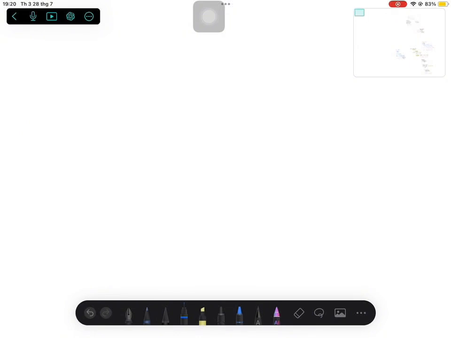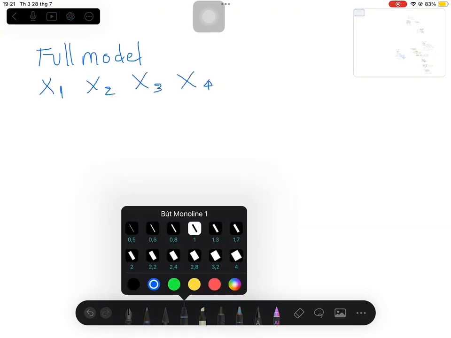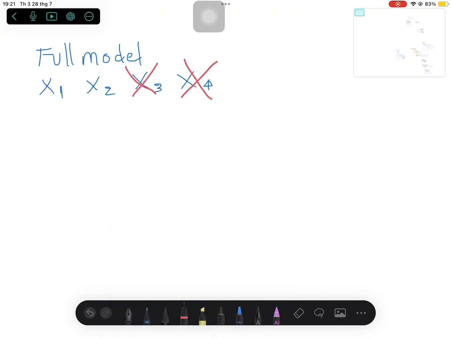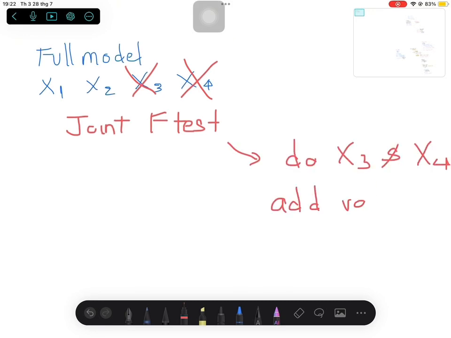So far we have looked at individual variables, but sometimes we want to evaluate several variables together. Imagine your full model includes 4 explanatory variables. Now suppose you remove 2 of them. Has the model actually become worse, or were those variables unnecessary all along? This is exactly what the joint F test answers.